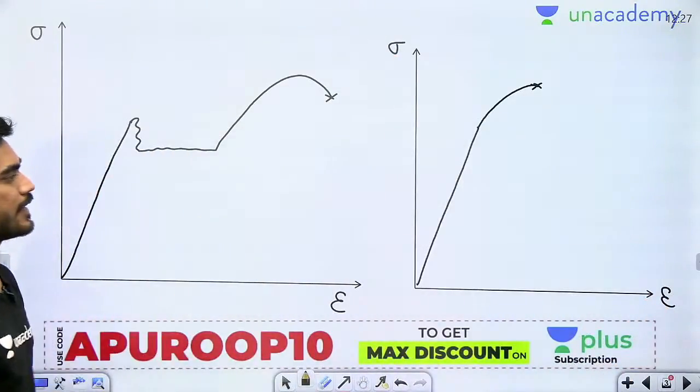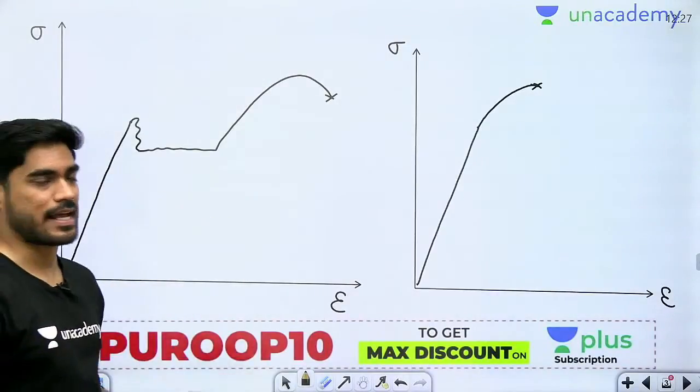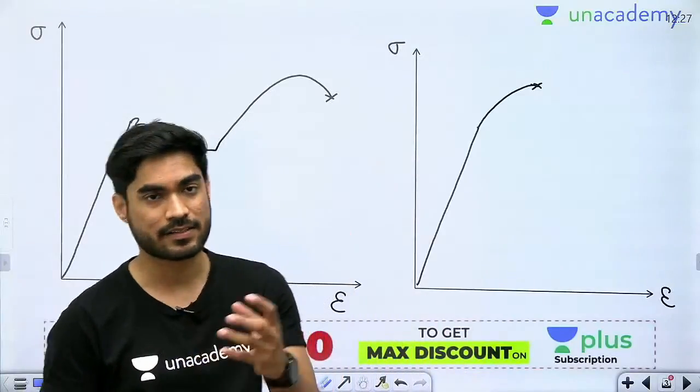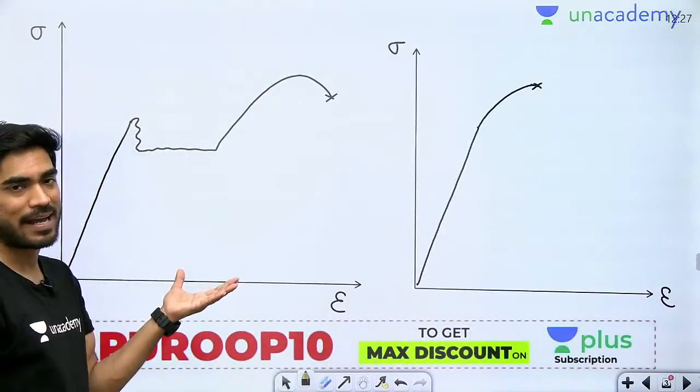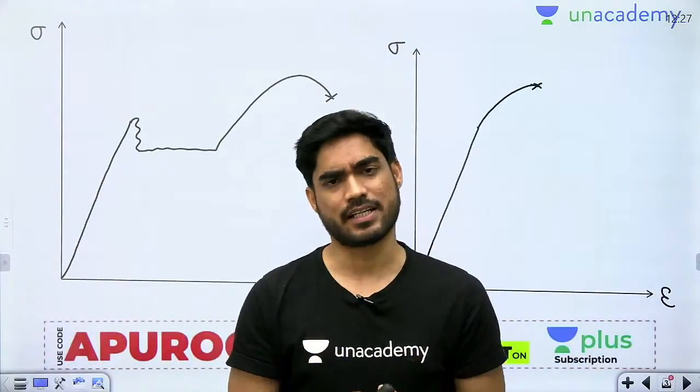Now these stress strain diagrams are real life stress strain diagrams. These are the stress strain diagrams of some real materials. This is the stress strain diagram of mild steel. This is the stress strain diagram of cast iron, which are real materials.